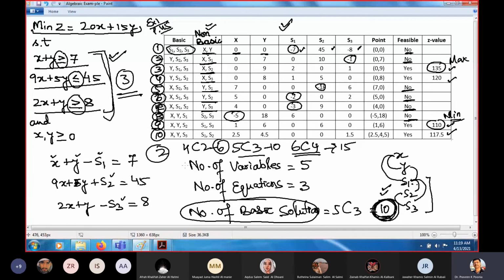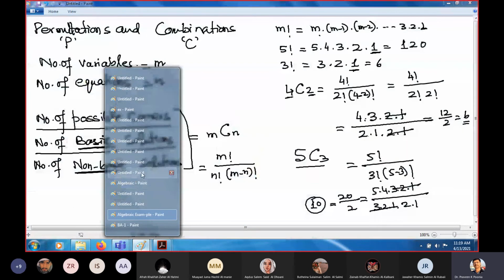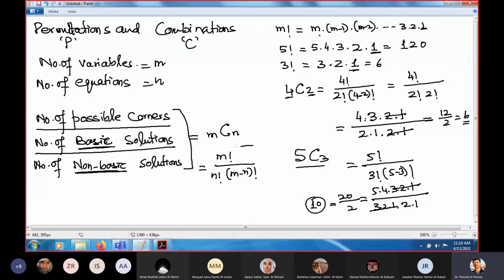So the number of basic solutions is one of the important questions that they may ask you. How many basic solutions exist? It is MCN, where M is the number of variables and N is the number of equations. These things you need to remember, my dear friends. Now the last type of questions.